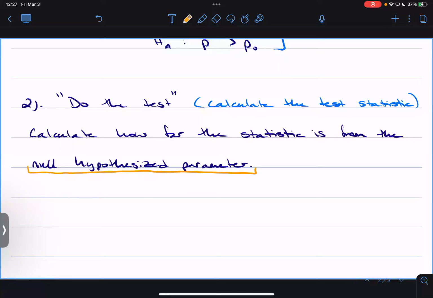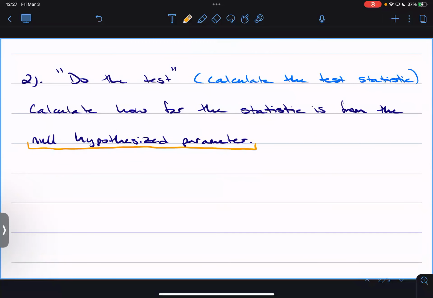And then if I can show that it's really far from 0.5, how can I do that? I can calculate the z-score. I can standardize it, see how far it is. Then if it's really far from 0.5, that gives me enough evidence to say that, well, actually it is different. So that's where we're headed.